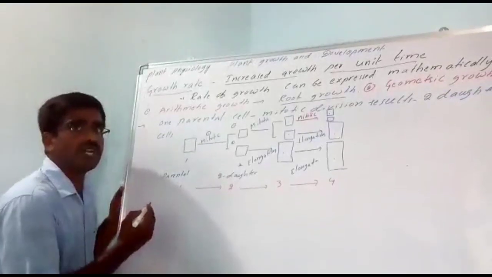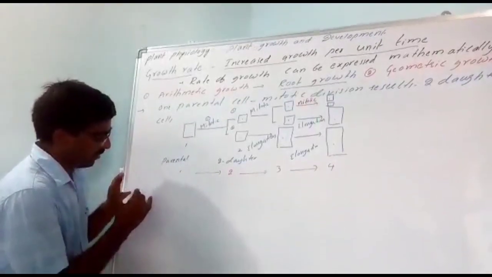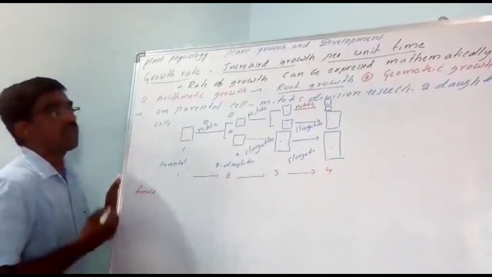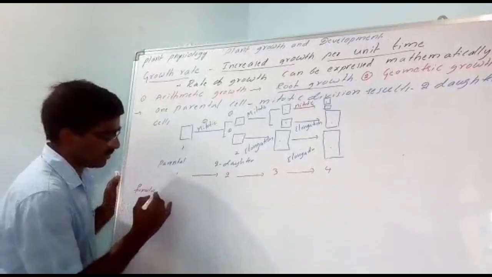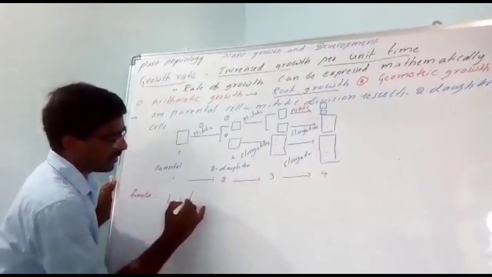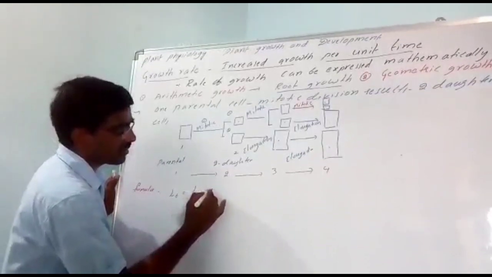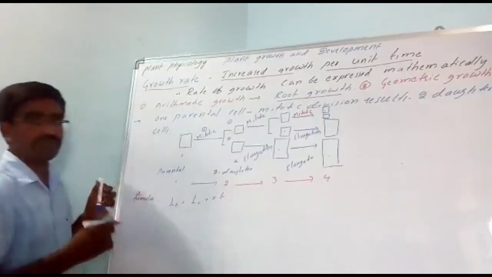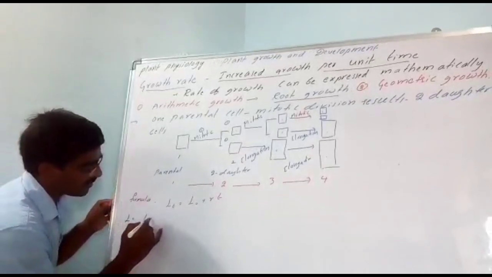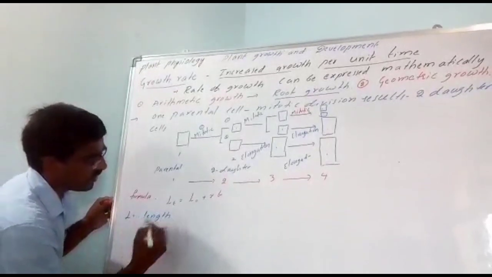We can have a small principle, that is, a formula for arithmetic growth: Lt = L0 + rt. Here L is the length of a plant.